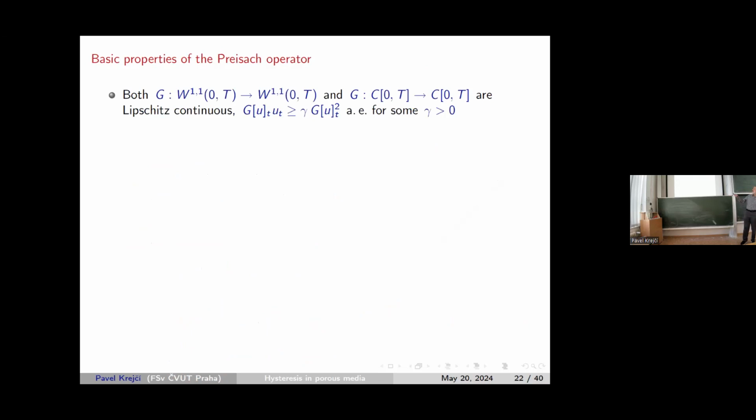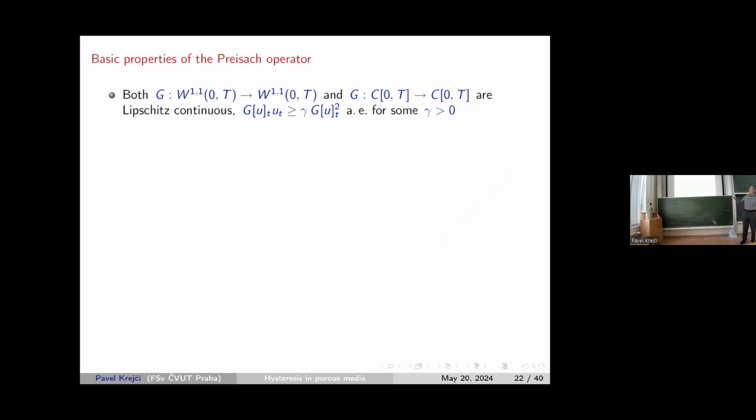So, for example, the solution operator of the relation, which means also the same for the Preisach operator itself, is Lipschitz continuous, both in the space W^{1,1} of absolutely continuous functions and in the space of continuous functions. So they can be extended in the space of continuous functions.